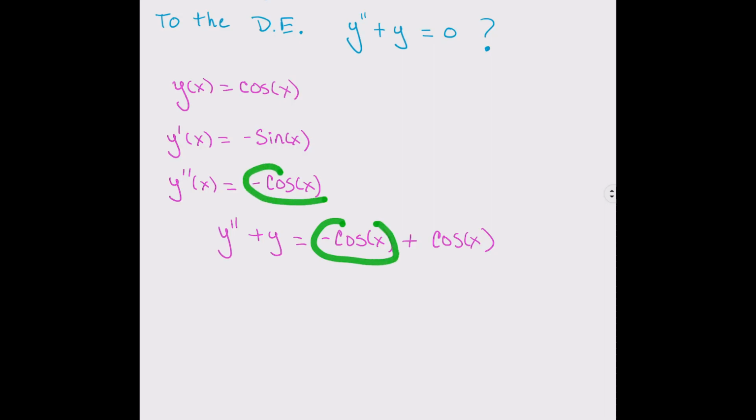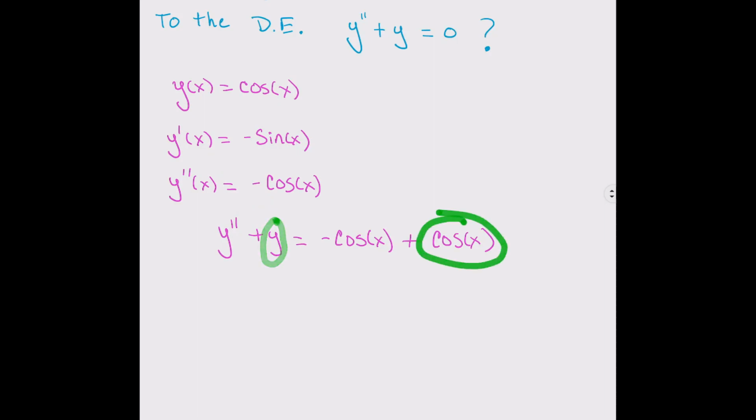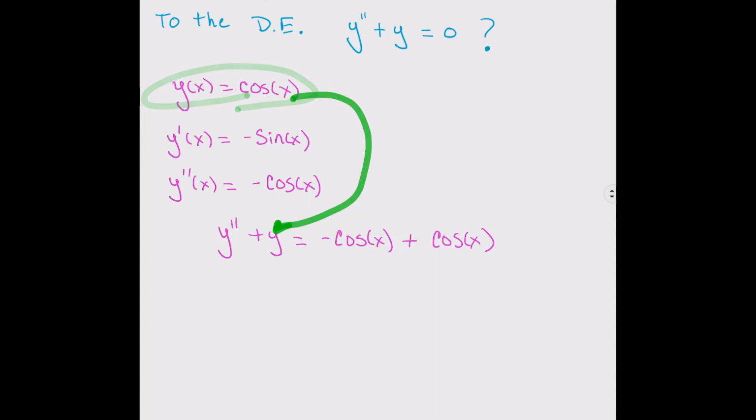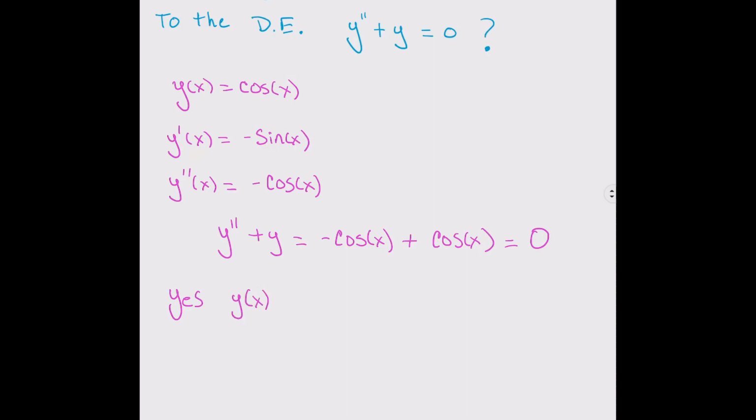I plugged in minus cosine of x for the second derivative, and y equals cosine of x for y. And sure enough, when I simplify that, I got minus cosine plus cosine, which is equal to 0. So yes, y of x equals cosine of x is a solution.